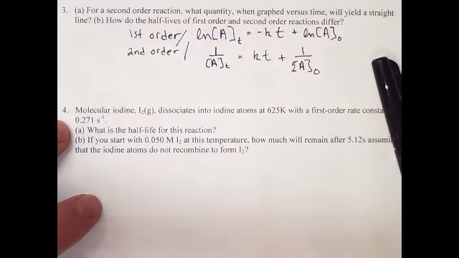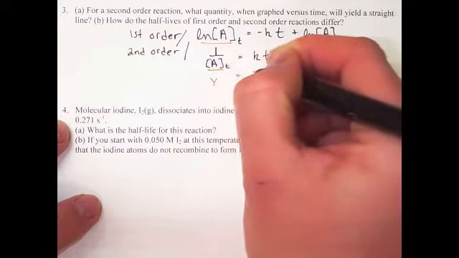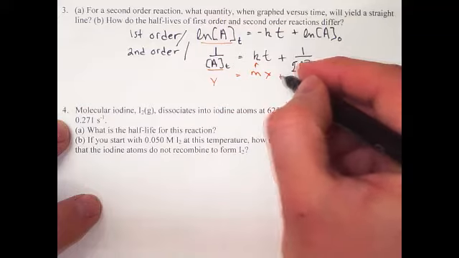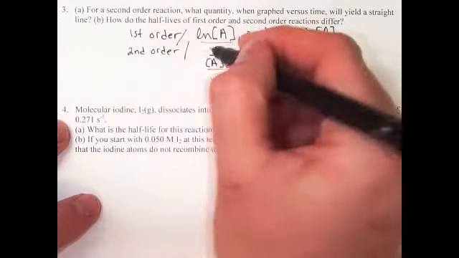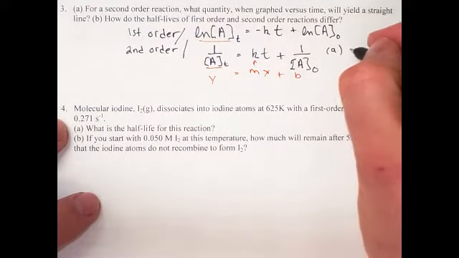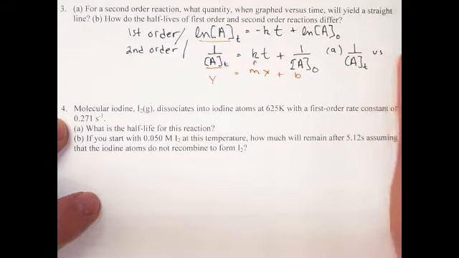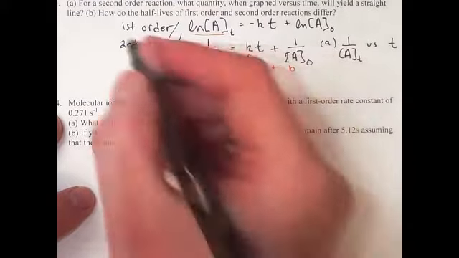So for both of these, we have y equals mx plus b. We have y, m which is the K, x which is T, and of course the intercept, which is not going to change. So for question A, you're going to have to graph 1 over [A] at time T versus time. That's the answer for A.